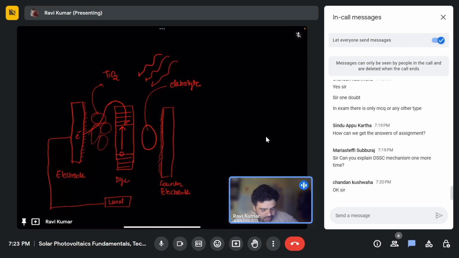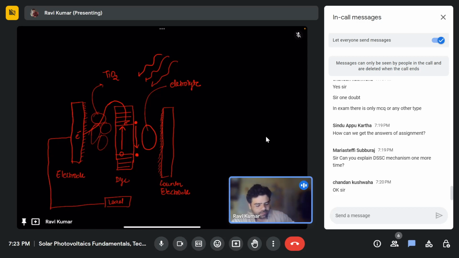This dye is in the excited state here. It is the excited state, it is the ground state. So this is only one cycle. But we need to reuse this dye again and again. So what will we do? We need to bring this dye from the excited state to the ground state again, so that it can be reused again and again.